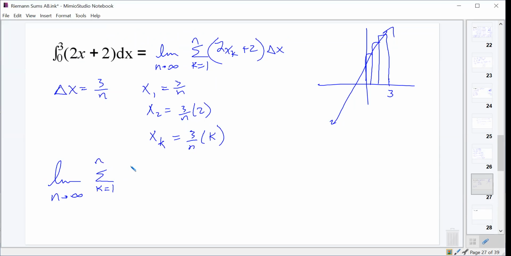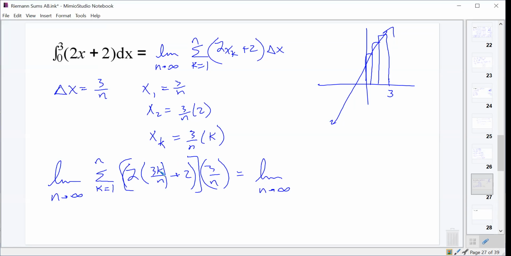So if we plug all this in, we get 2x sub k, so 2 times 3k over n, plus 2, times delta x, which is 3 over n. And we should then be able to simplify all of that out. That should be in the parentheses there. And what does that give us?